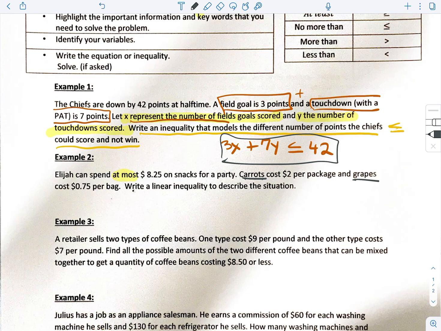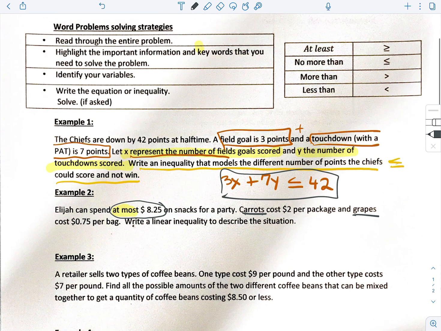All right, he only has $8.25, and it says at most. At most is the same as no more than, right? So at most is less than or equal to. So he can spend less than or equal to $8.25.